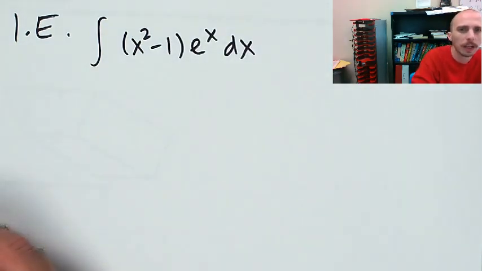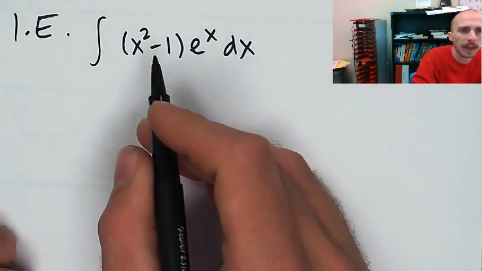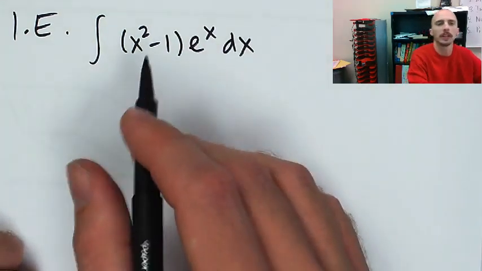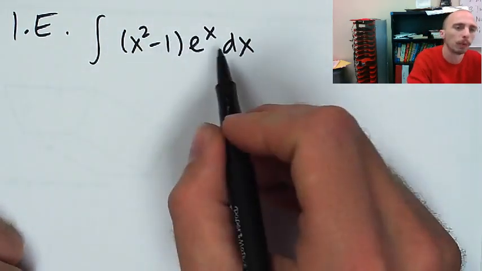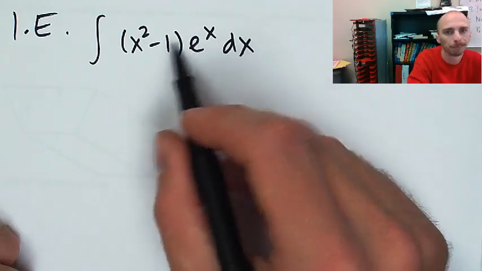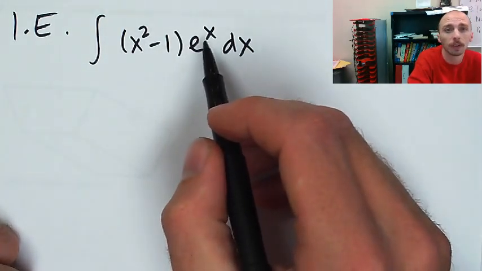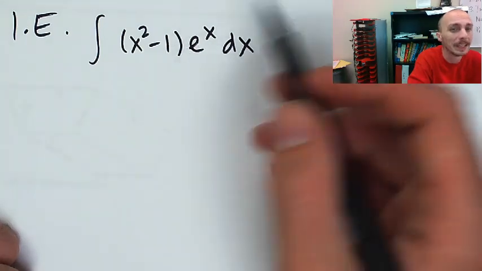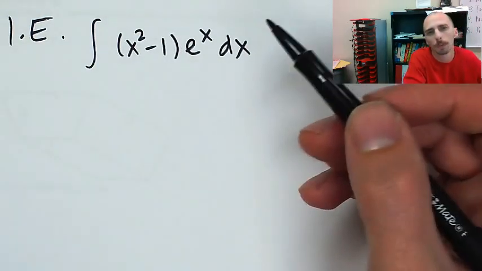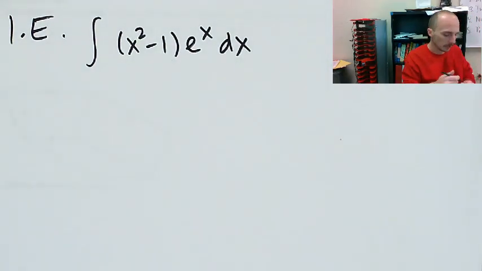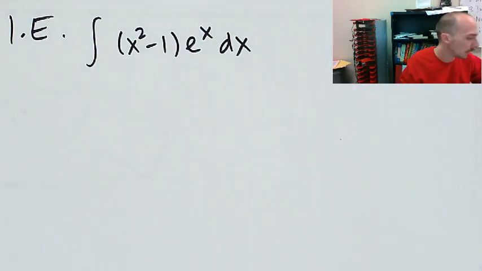Well, that'll be fine. But I'm realizing I would let that be u. Oh, yeah, no, there's nothing to gain by distributing. If you think through what's going to happen, the antiderivative of e to the x is e to the x, that's fine. x squared e to the x is going to require 2 iterations anyway, and so is x squared minus 1. And when I take u equals x squared minus 1, du, the minus 1 will go away anyway, so I think that's going to be the thing to do.